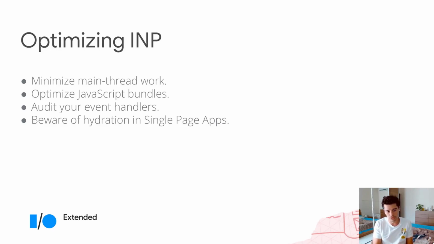This would be reducing work which is done on the main thread, reducing the size of your JavaScript bundles, going through your event handlers and making sure that any non-critical work is being delegated, for example, using the postTask API, or if you are using React, checking that you do not have unnecessary re-renderings.